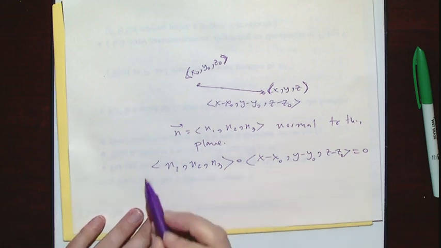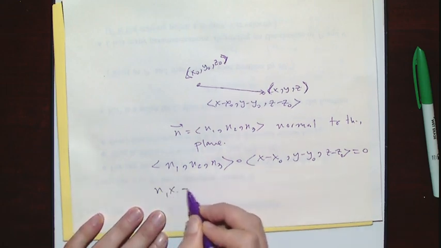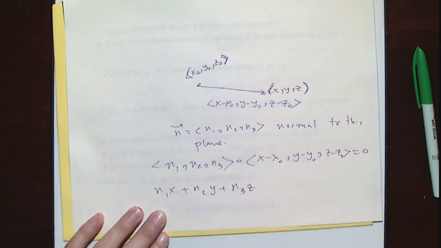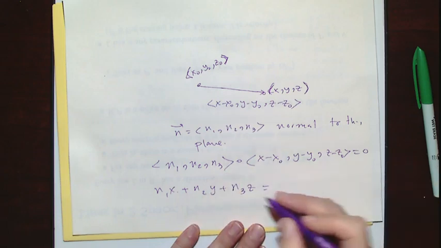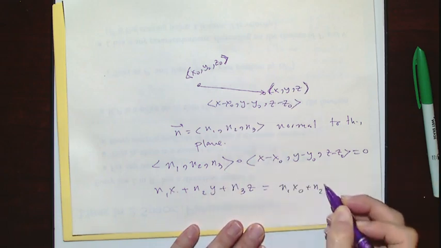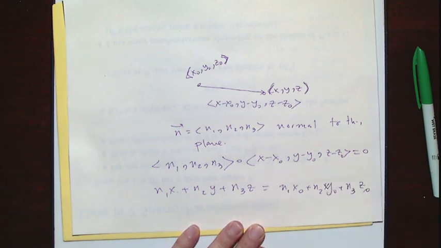Therefore, when I'm multiplying, n1x plus n2y plus n3z is going to appear. And then on the other side, if you do the dot product, you will get n1x0 plus n2y0 plus n3z0.